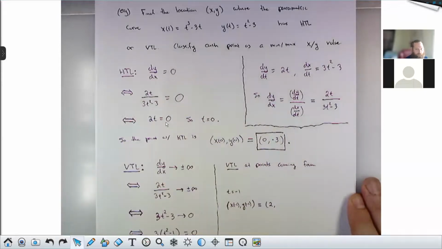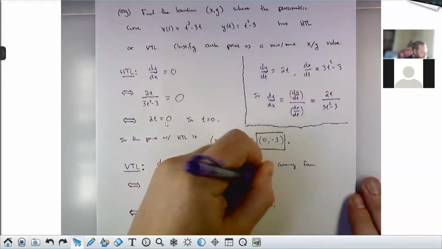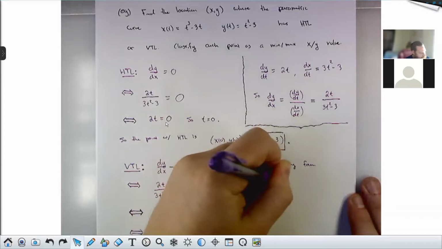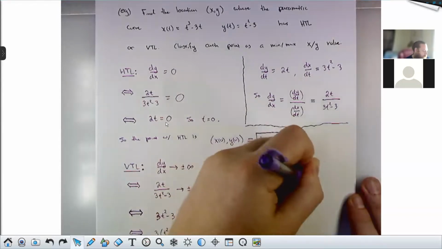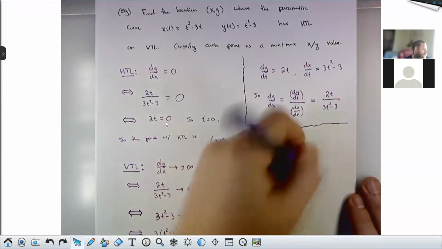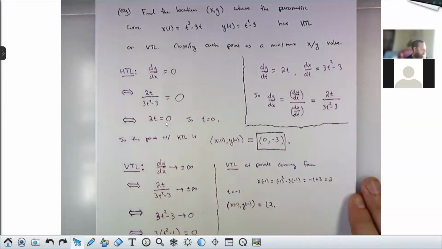In other words, x of -1 is -1 cubed minus 3 times -1, which is -1 plus 3, which is 2.